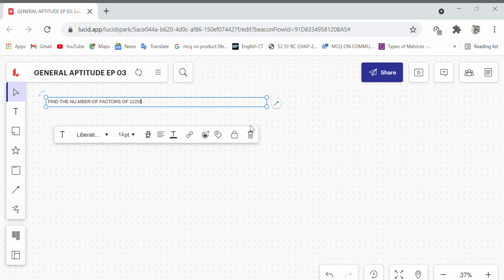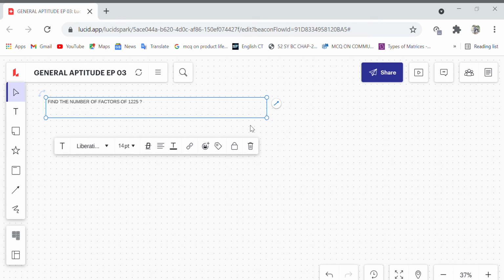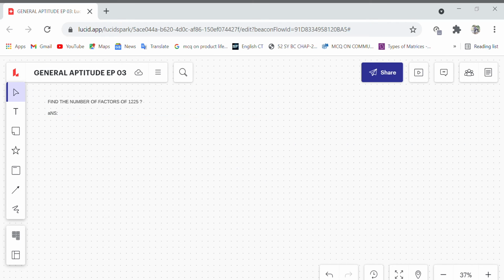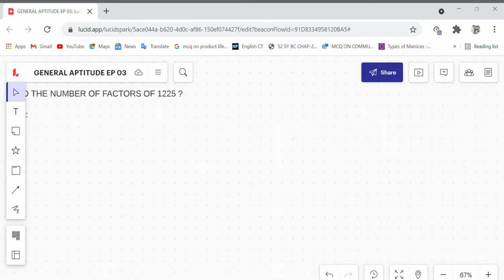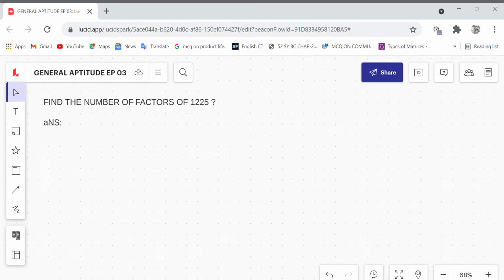I wrote the wrong thing or what? Okay. So find the number of factors of 1225. Answer. Okay, leave it like that. Let me zoom it a bit.